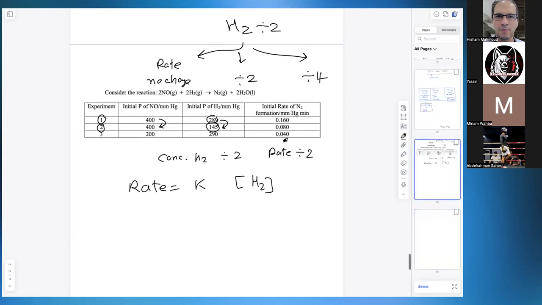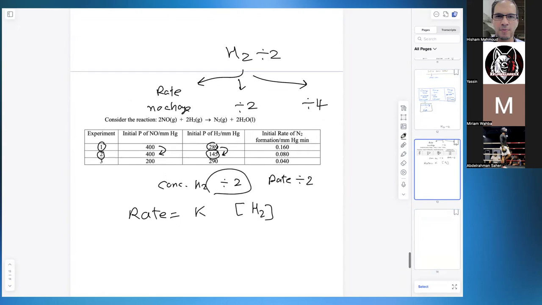Here divided by 2 and here also divided by 2. If it is the same, then it is first order. If it is powered by 2, then it is second order. If there is no effect on the rate, then zero order.